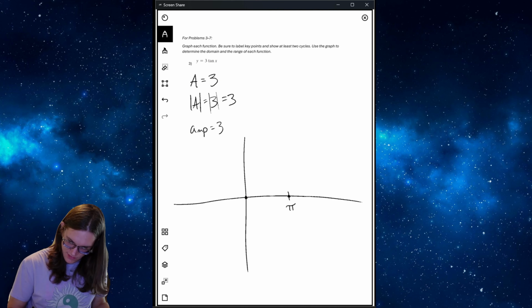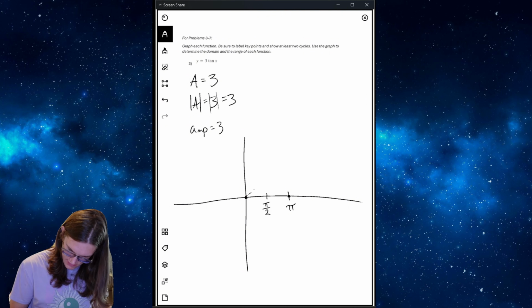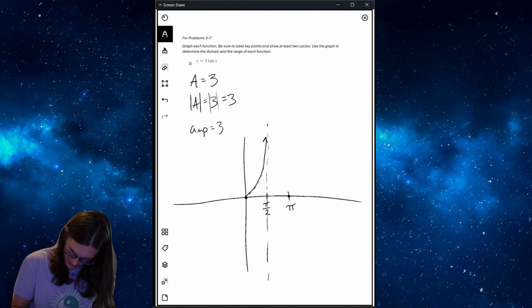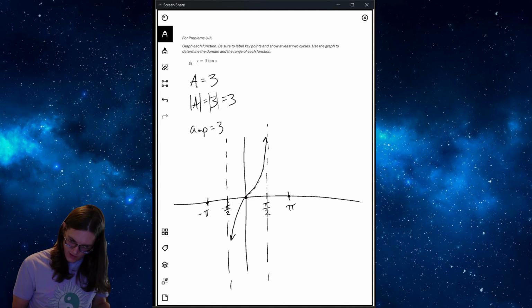So our tangent plot, we just did it. So I'm just going to use that information that we found. Say here's what tangent does, then another at negative pi over 2. There's an asymptote at negative pi. It goes cross, asymptote, cross, right? Negative infinity, infinity, asymptote, and it continues to do that.